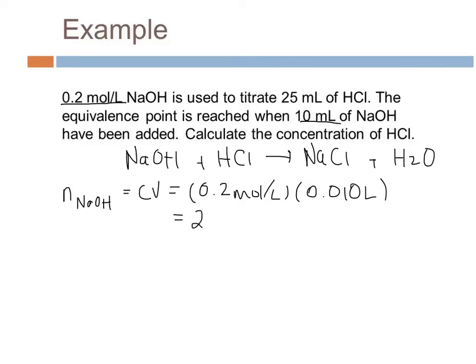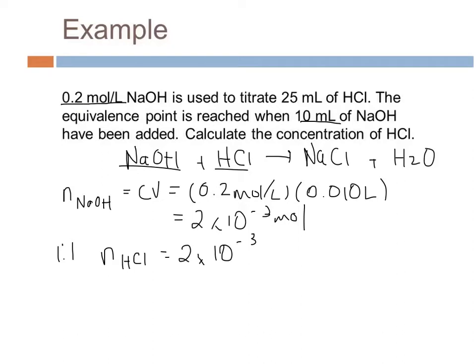That would give us 2 times 10 to the minus 3 moles. Because our reaction reacts in a 1-to-1 ratio, that means that the number of moles of HCl that we have is also 2 times 10 to the minus 3 moles.